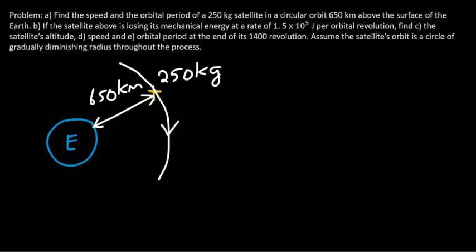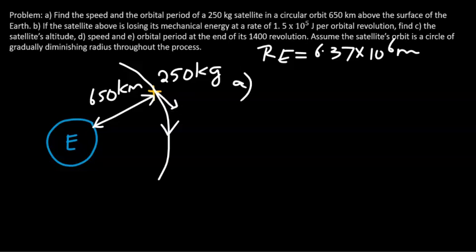And of course, we have not included the radius of the Earth just yet. Now, let's assume we are told that the radius of the Earth is 6.37 times 10 to the power 6 meters. So before we find the orbital period, we need to determine the orbital speed v.